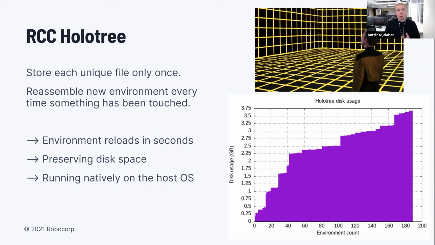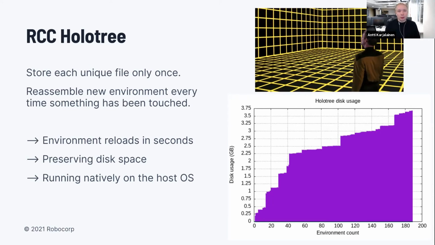So we always store each unique file only once on each runtime machine, and then whenever we need to put together a runtime environment, we shift around those files in a way where you always end up with a pristine runtime environment with minimal possible file operations and no duplication of files.